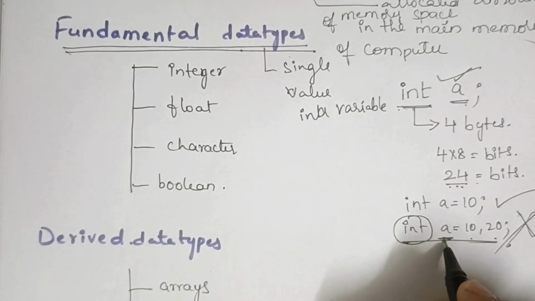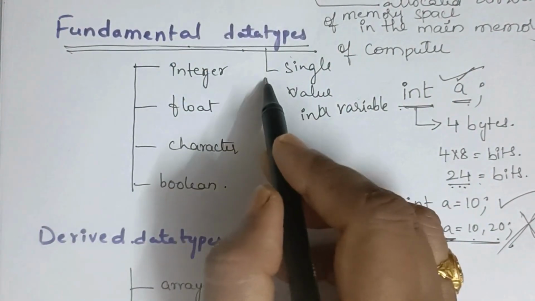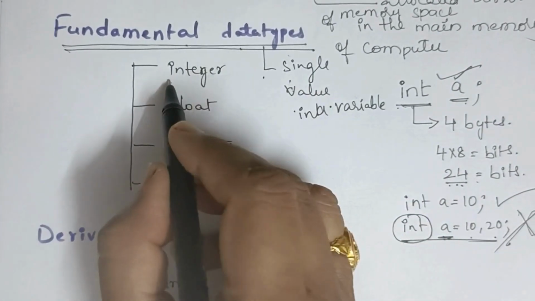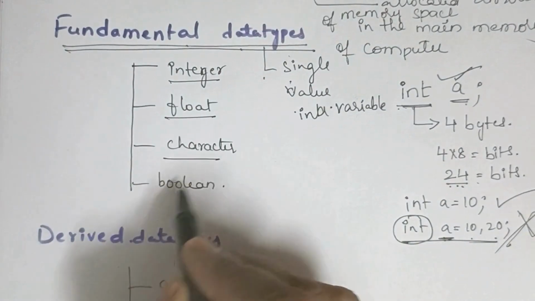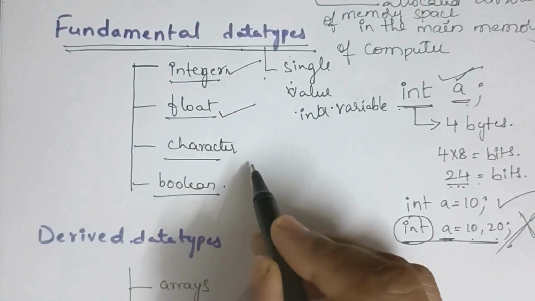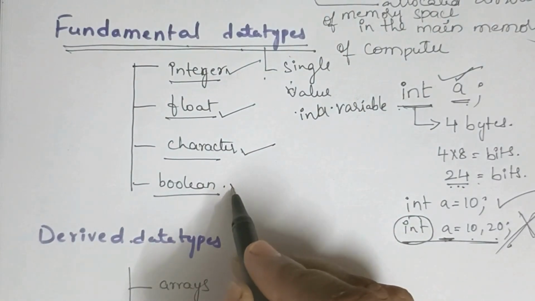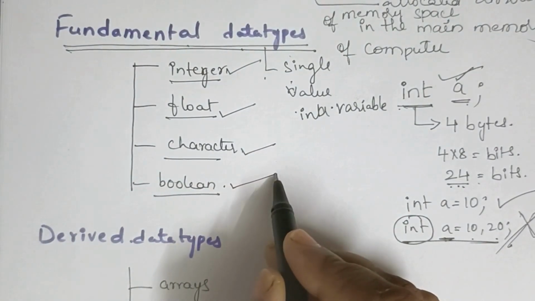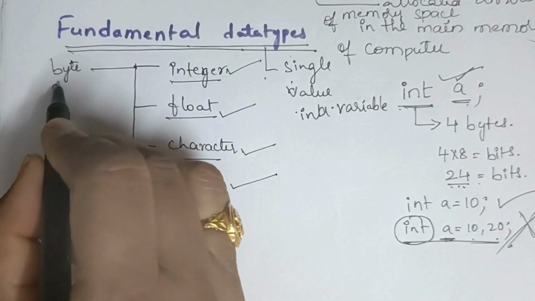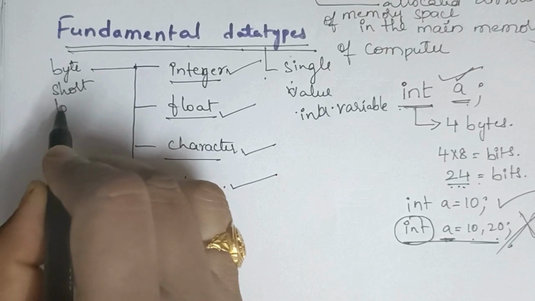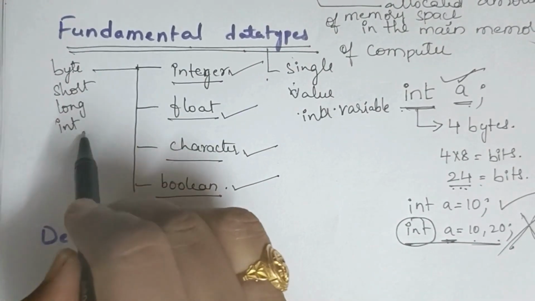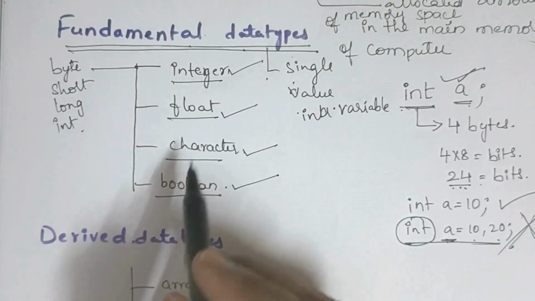So fundamental data types can store a single value in a single variable, and we have 4 categories in fundamental data types: integer, float, character, and boolean. In integer we have byte, short, int and long data types in the Java language.